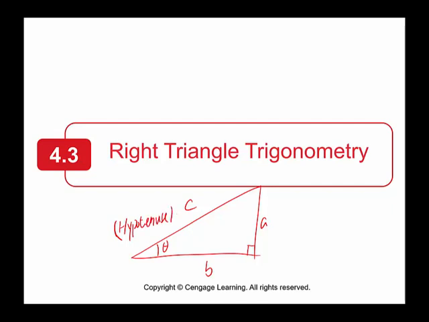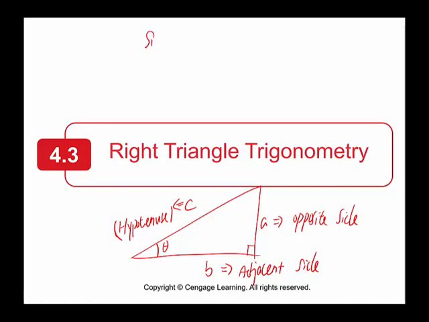With respect to angle theta, A is the opposite side, B is the adjacent side, and C is the hypotenuse side. And we can define sine, cosine, tangent, cotangent, secant, cosecant from this right triangle trigonometry.